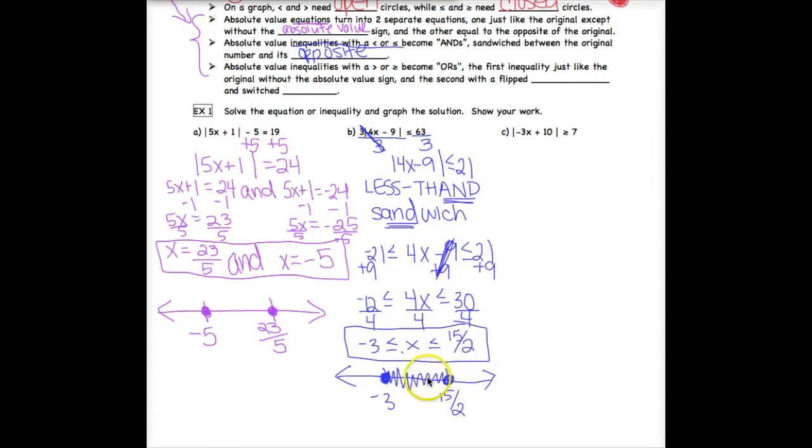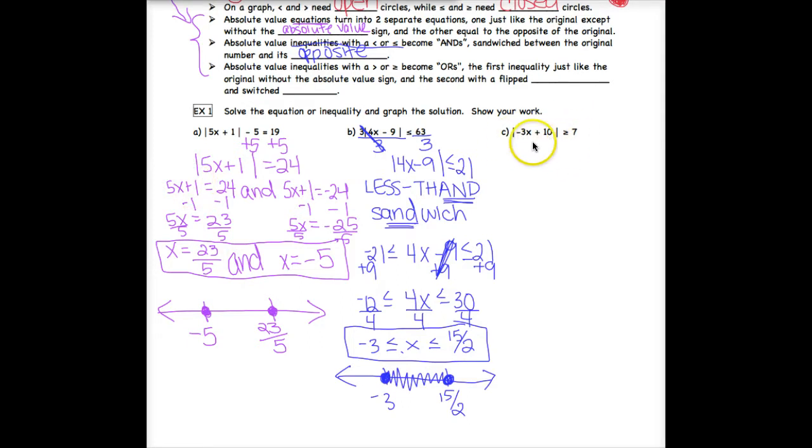So here is what the solution for a sandwich should look like. When you get the absolute value term alone, not always the original problem, but when you get the absolute value term alone, if it is a less than, it should always become a sandwich, which means the shading should always be between.